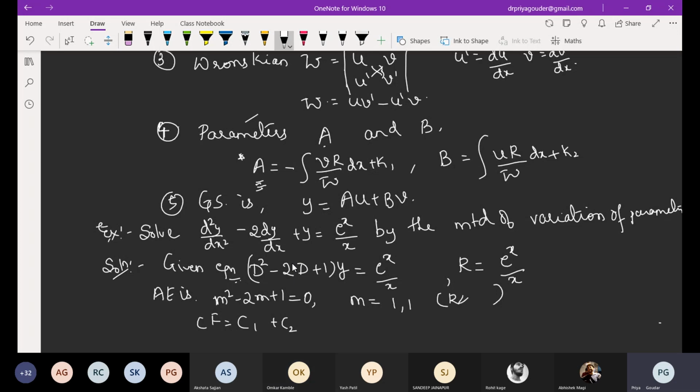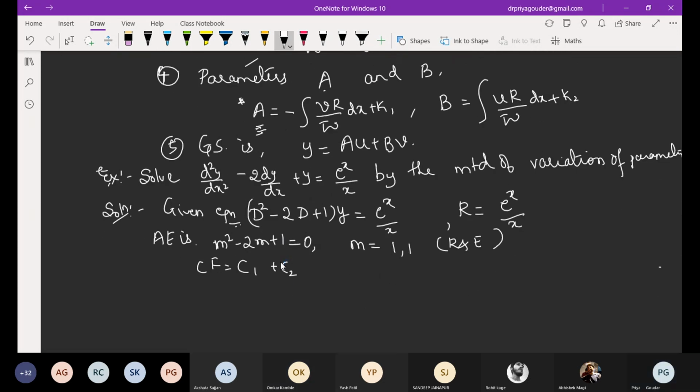So real and equal roots. How do you write CF for 1 and 1?